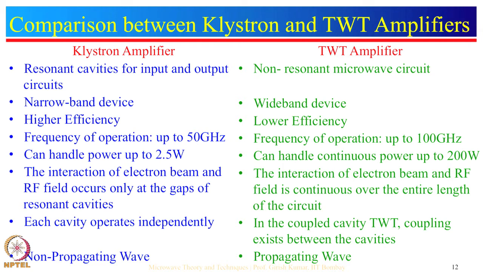200 watts of power. One more major difference between the Klystron amplifier and the traveling wave tube amplifier is that the interaction of the electron beam and the RF field occurs only at the edges of the resonant cavities in the Klystron amplifier, whereas in the traveling wave tube amplifier, the interaction of the electron beam and the RF field is continuous over the entire length of the circuit or over the entire helical structure.